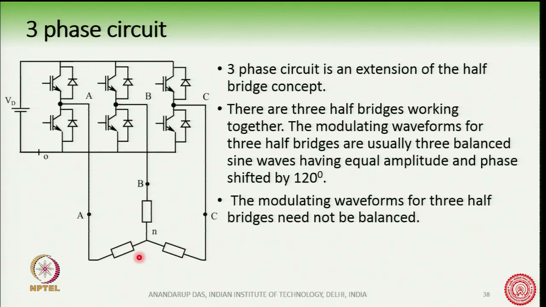Now, we have a star connected load here, where we are placing equal impedances.